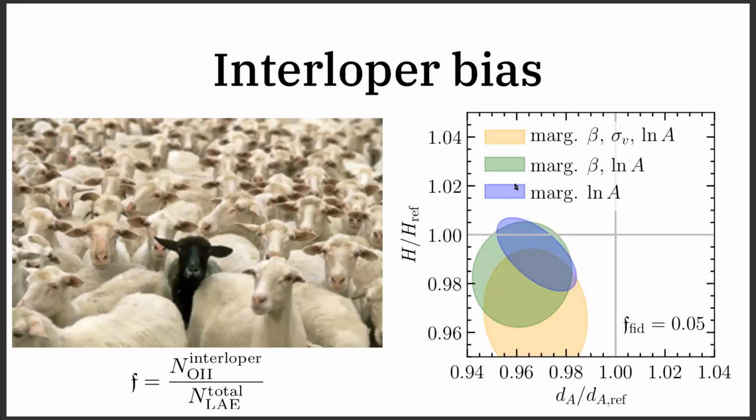If you have 5% interloper, and that is the constraint that we derive by using the Lyman alpha emitter plus 5% interloper oxygen emitter in the distance length. As you can see here, this is the unbiased result, and the contamination biases the measurement of distance. Okay, that's a serious problem.